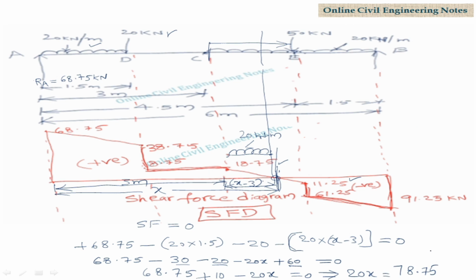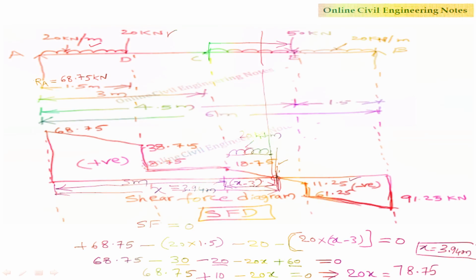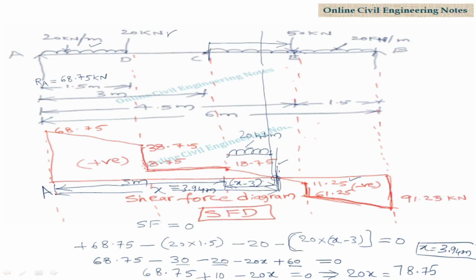Therefore x is equal to 3.94 meters. Shear force will become 0 at a distance 3.94 from support A.